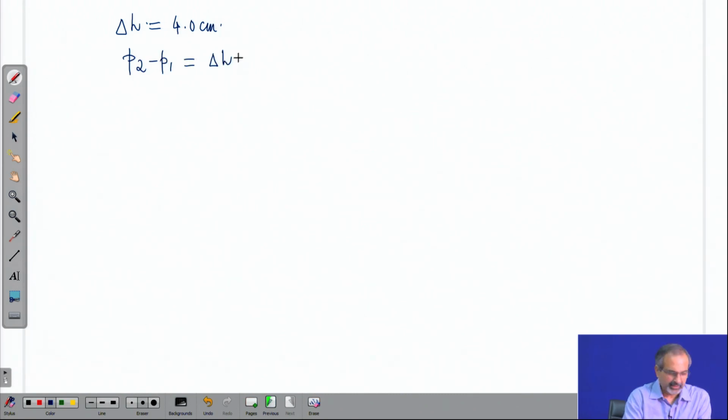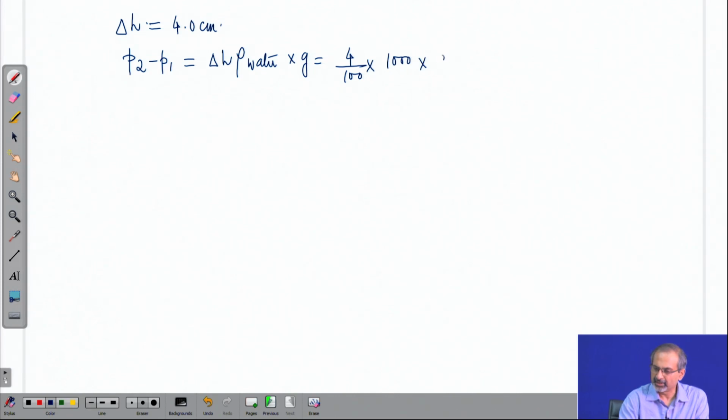We multiply delta H with the manometric fluid density, let us say it is water, that means 4 centimeter column of water into g. So, that is 4 by 100 into 1000 kg per meter cubed into 9.81 meters per second square. That would give you a pressure difference of 392 pascals.